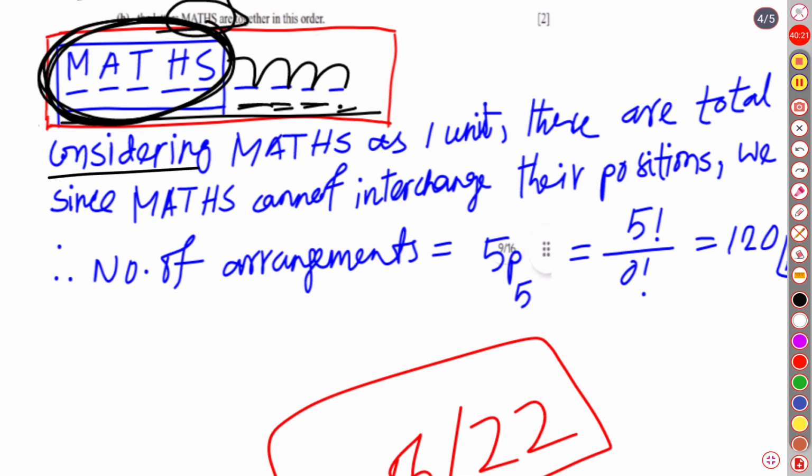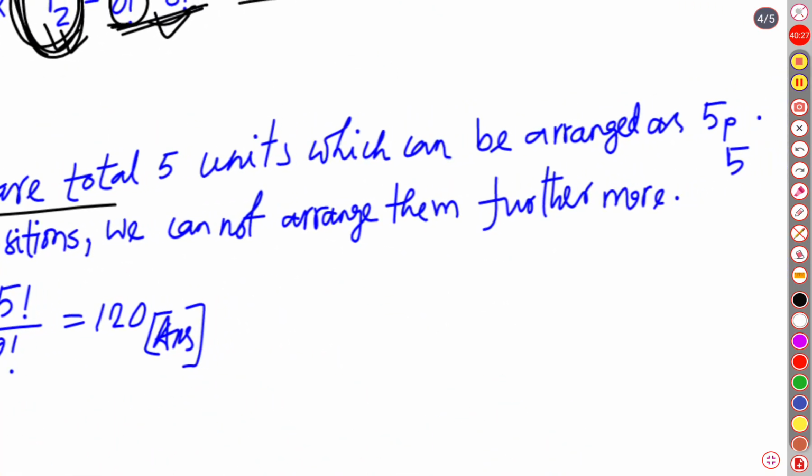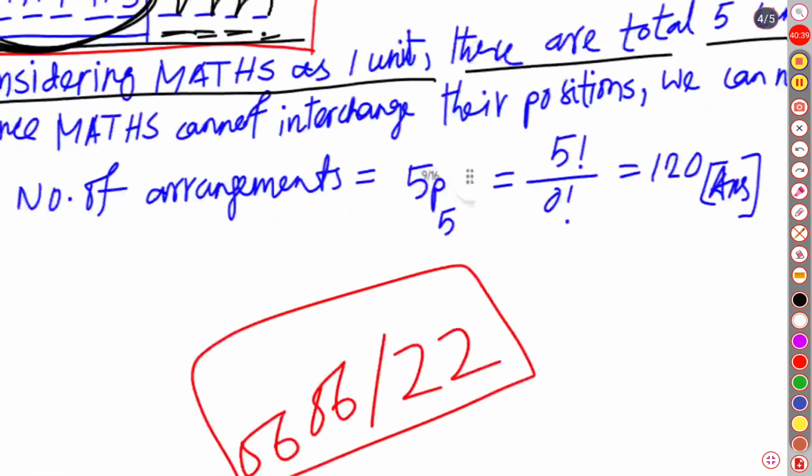So considering MATHS as 1 unit, there are total 5 units, which can be arranged as 5P5. So 5P5 means actually 5 factorial. 5 factorial means 120. Let me show.